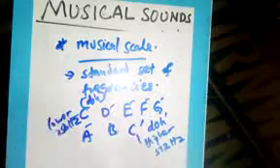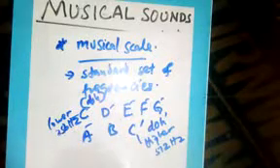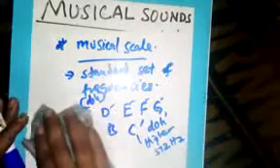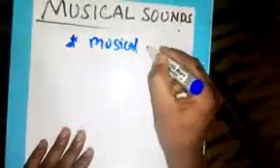This scale is what we call a musical scale. Another part which we must know is called musical octave. You'll be asked to define what is musical octave, sometimes to calculate musical octave if you have been given a certain frequency.